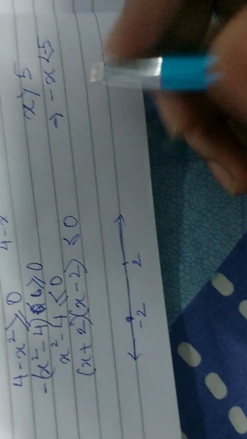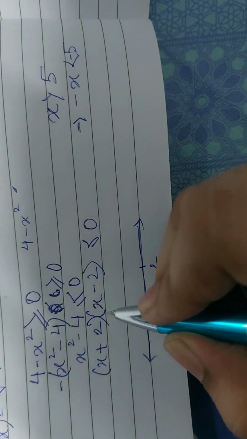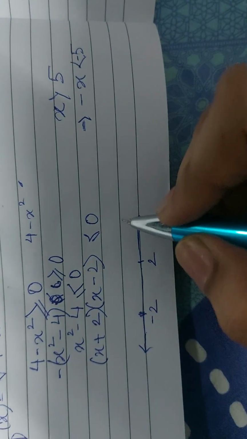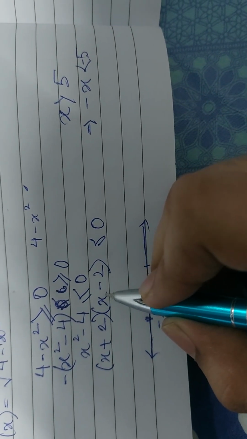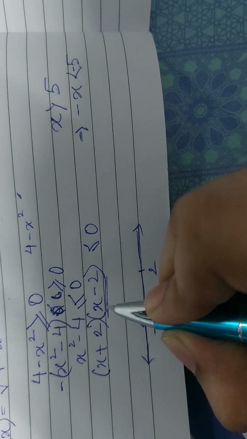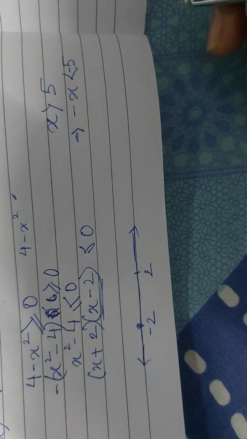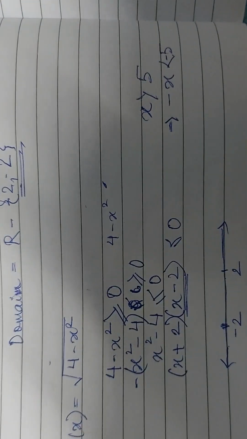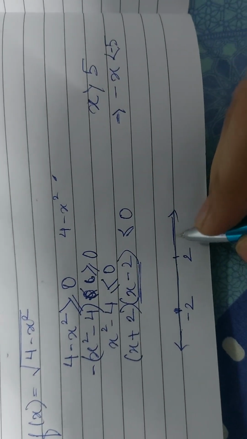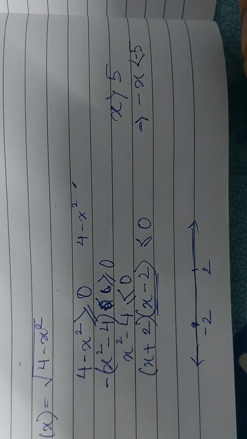How do you calculate the critical points? The critical point is that point for which the expression will be 0. So in this expression x minus 2, if we put x minus 2 equals to 0, then x will be equal to 2. So 2 is our critical point. And similarly here, this will be minus 2.